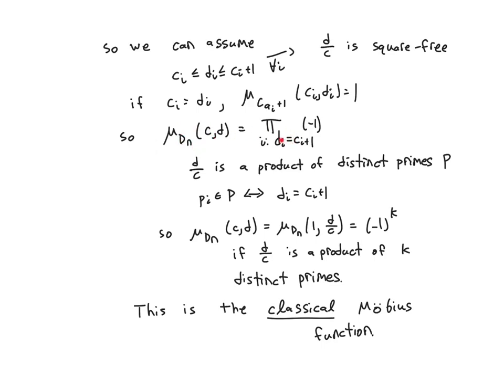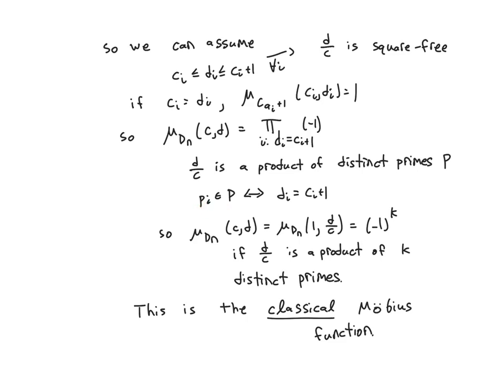And so this is what ends up happening. This Möbius function becomes the product over those cases where these two coordinates differ by 1, so Di is equal to Ci plus 1, times -1 in each of those cases. In all the other cases, it's 1. And we'll simplify this notion in a moment. In particular, D divided by C is a product of distinct primes.